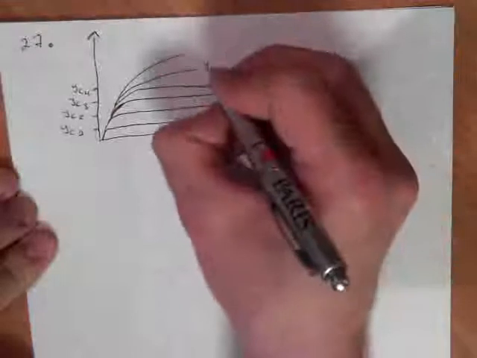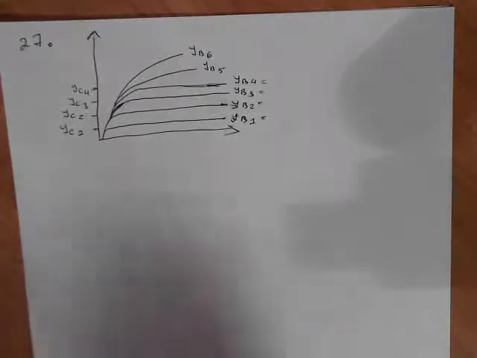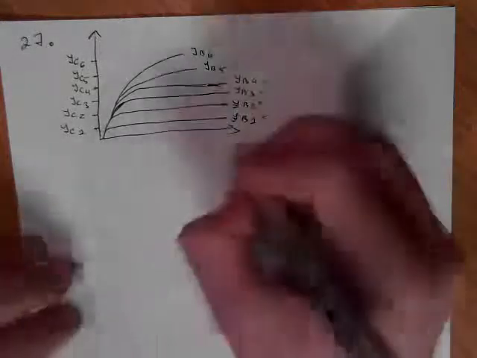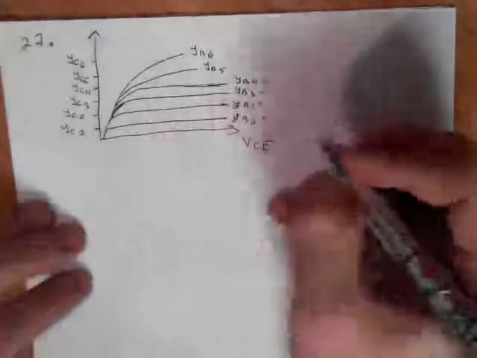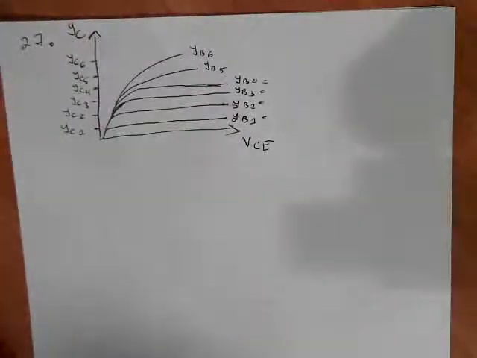This will be IB5, this will be IB6, and this will be some kind of IC5, this will be IC6, and this is VCE, this is IC.